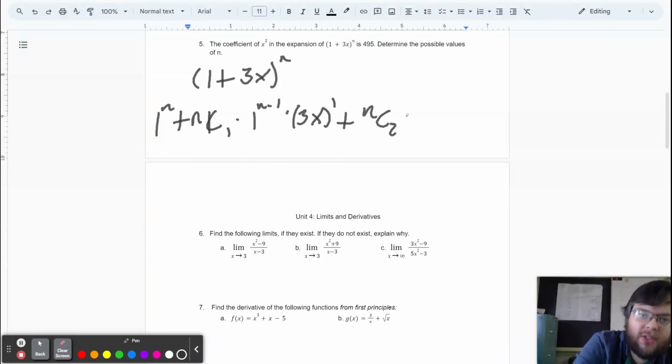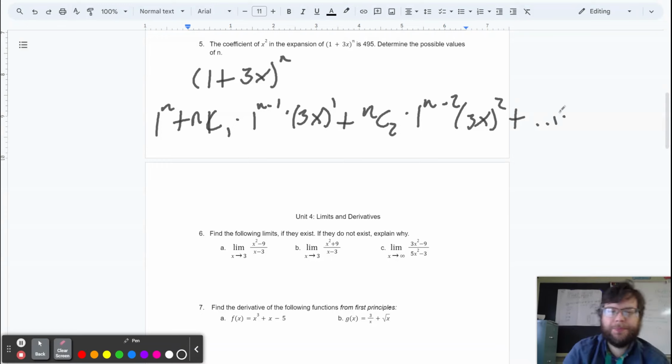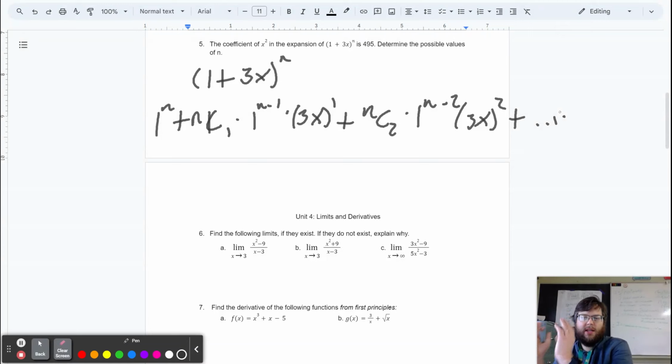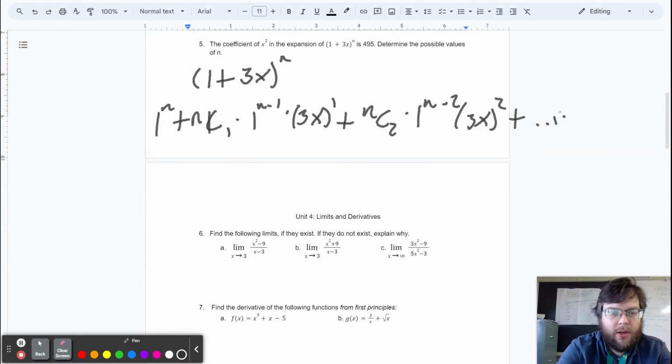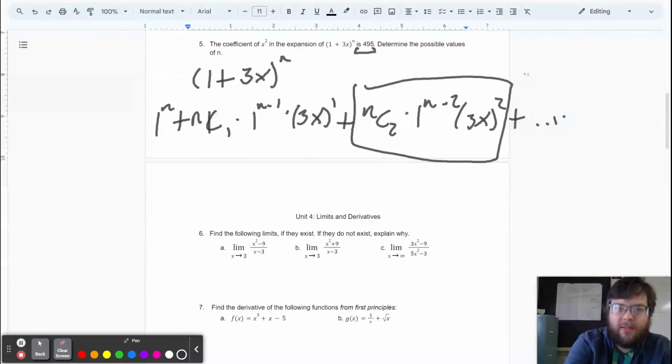Then you have n choose 2, 1 to the n minus 2, 3x squared plus blah, blah, blah. Each time you have your combination coefficient, your n minus k, and your k. So a to the n minus k, b to the k. What do we know? We know that this right here has a coefficient of 495. So that piece equals 495x squared.